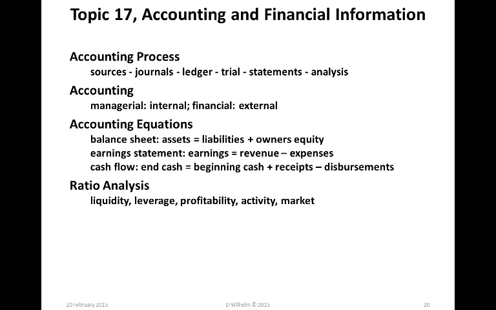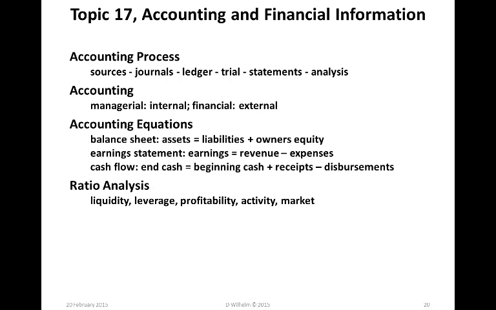Accounting and financial information. The accounting process is getting the source material, putting it in journals, which are chronological, in ledgers, which are categories, a trial balance, developing the statements, and then the analysis of the statements.